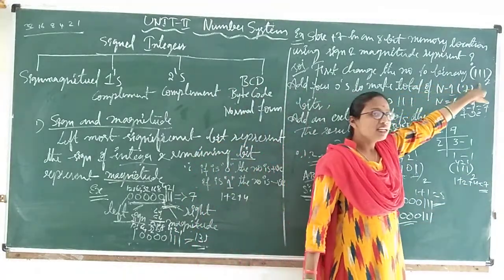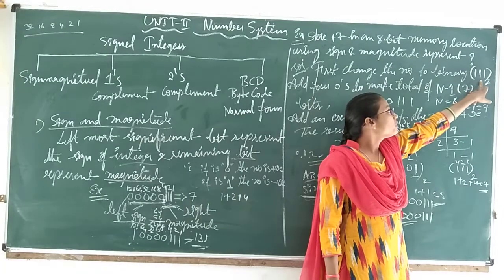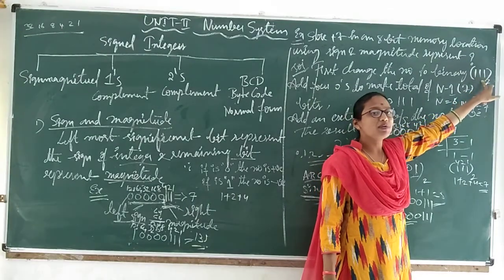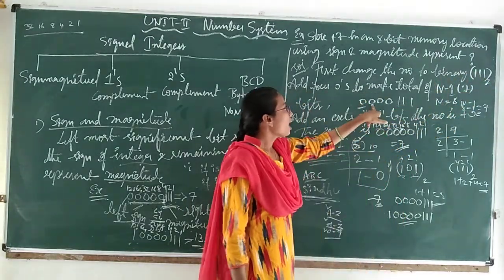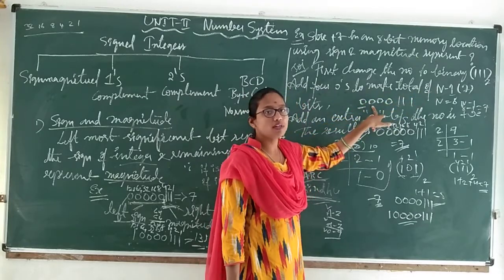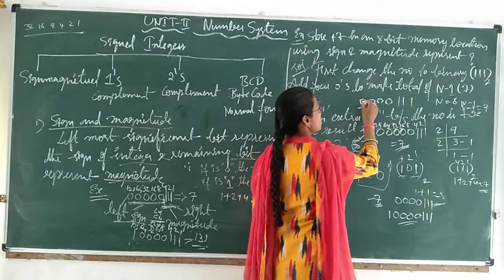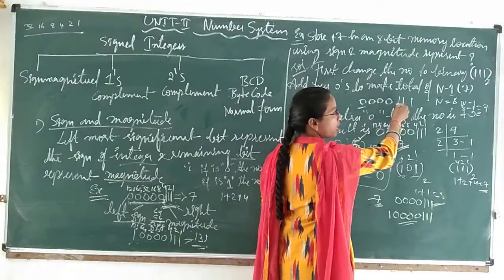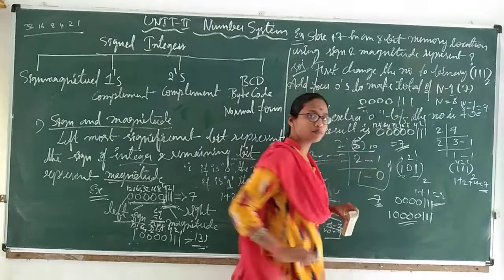In our binary result for +7 there are 3 bits, 1 2 3. Add 4 zeros to make the total n minus 1 equal to 7: 4 zeros and the 3 bits 1 1 1.